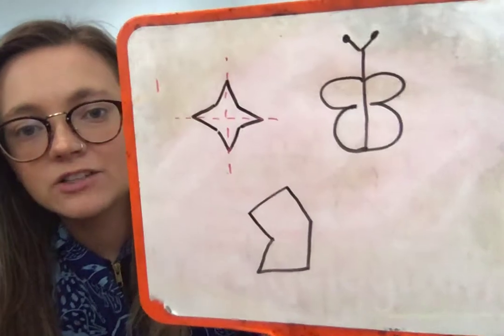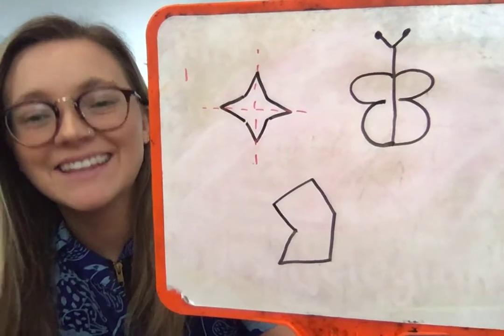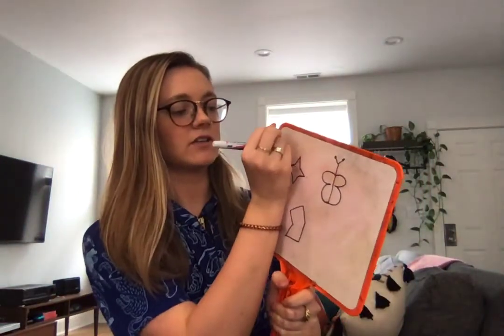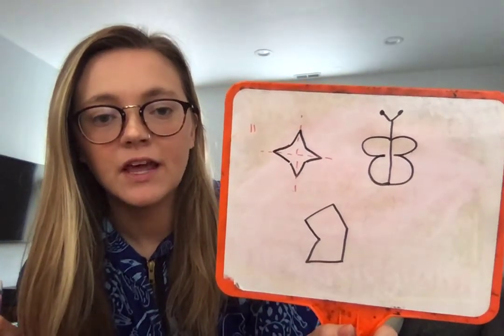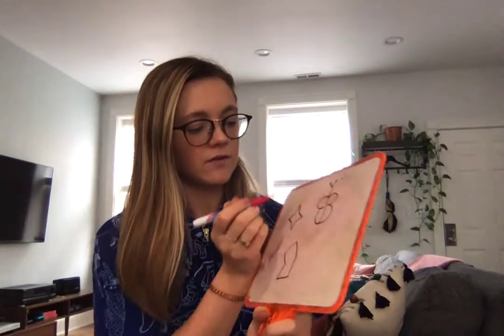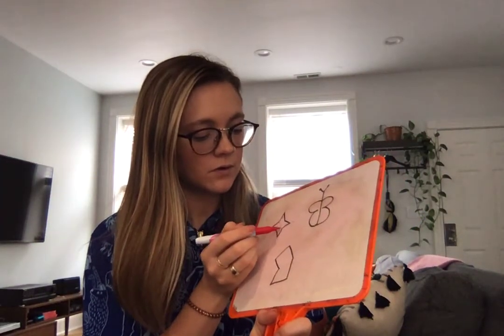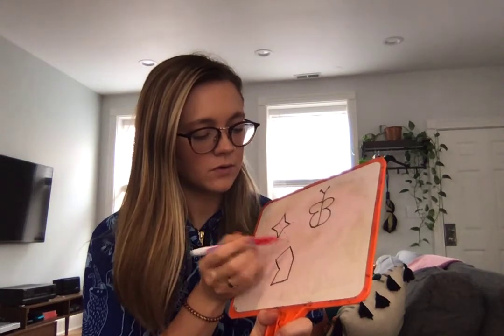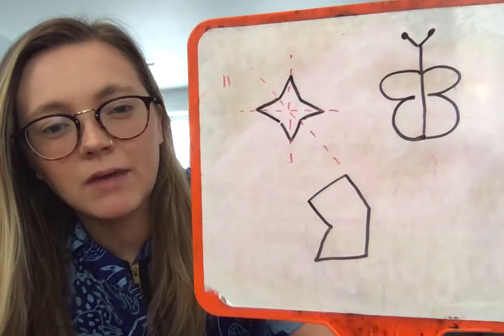If I cut that shape right there and folded it over, would it be a perfect match? Yes. So I'm going to do another dash. So far I have 2 lines of symmetry. Then I'm going to ask myself about the diagonal: if I folded it in half over that diagonal, would it match perfectly?